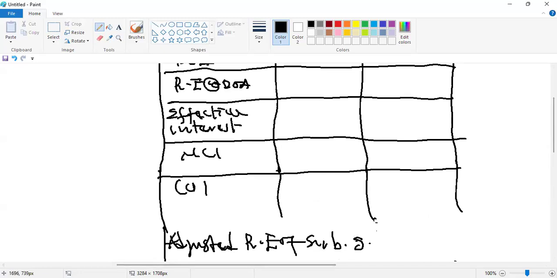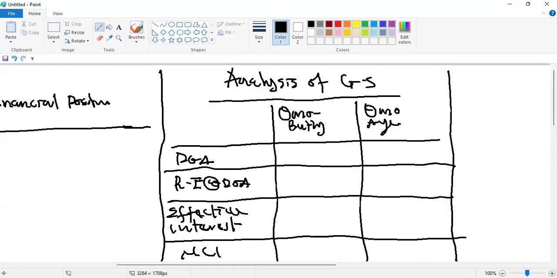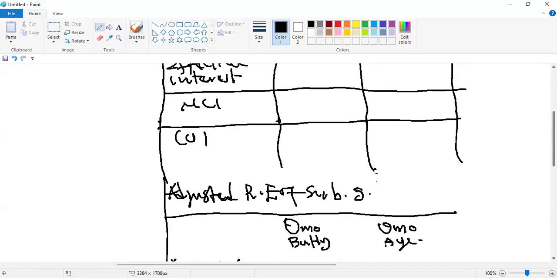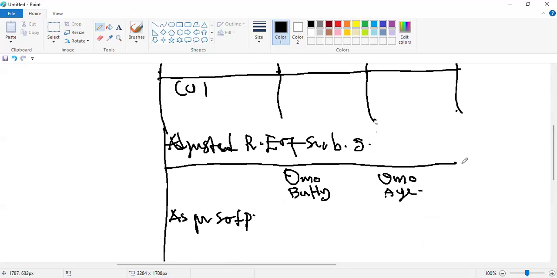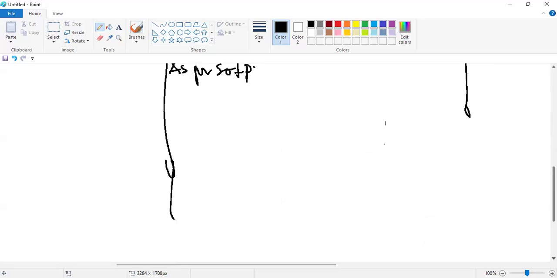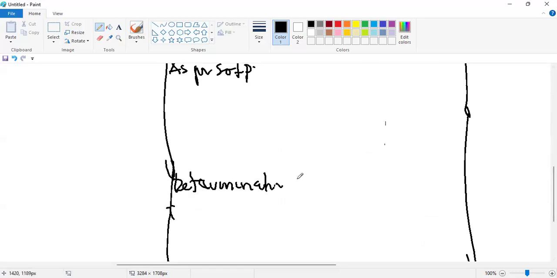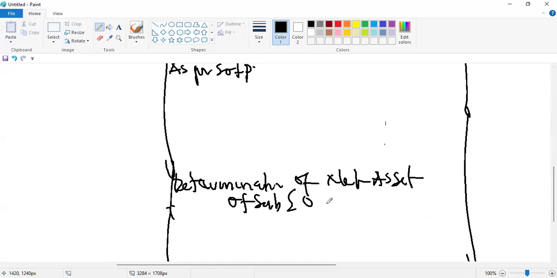I will determine that for the two subsidiaries. Determination of net assets of subsidiaries. The first one is Omoboti.